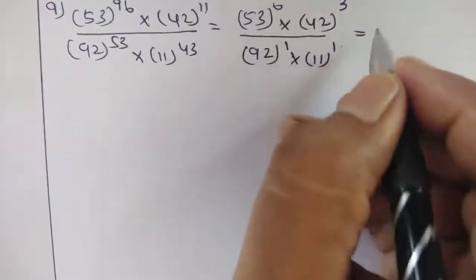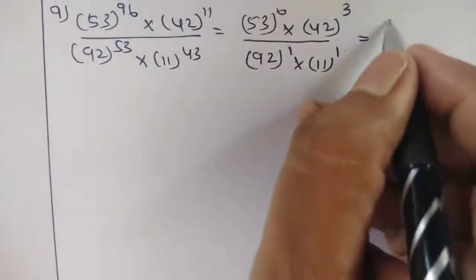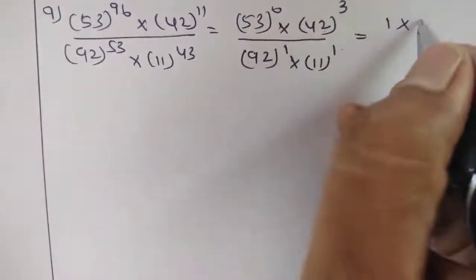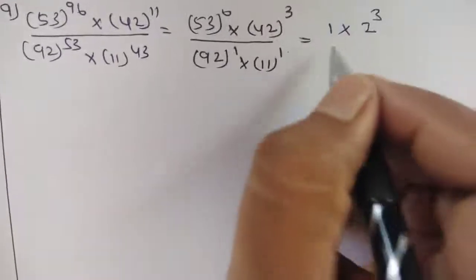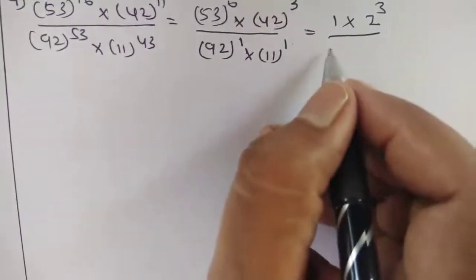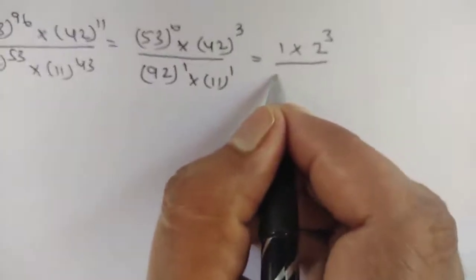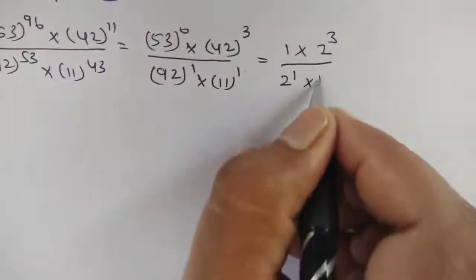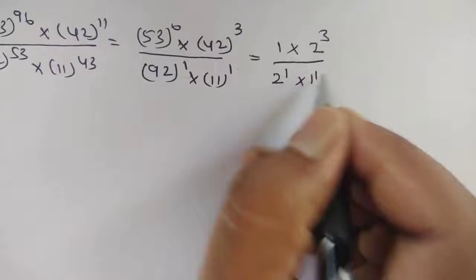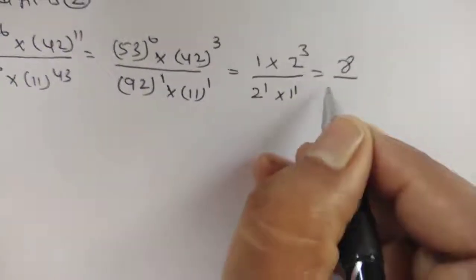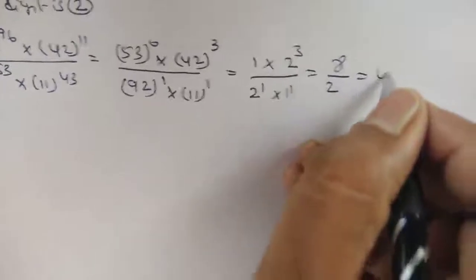It can be written as, see, anything power 0 is 1. Here 42, last digit 2 power 3, is 8, and 2 power 1 is 2, this is 4.